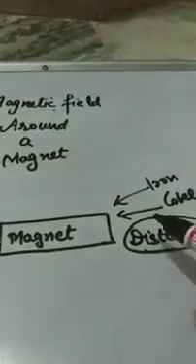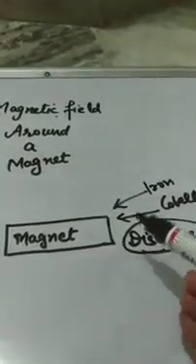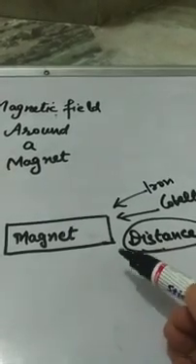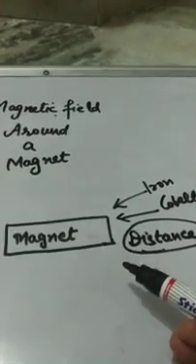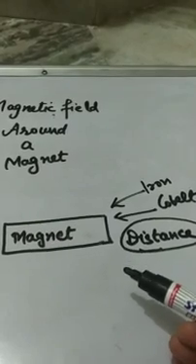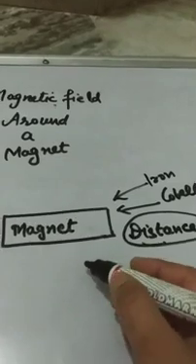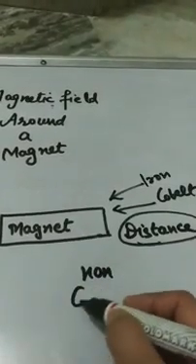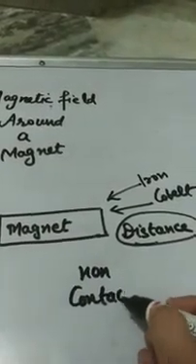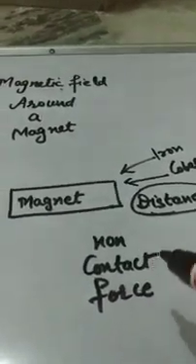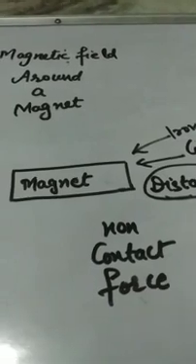That force which attracts magnetic material toward the magnet is magnetic force or magnetism, and we call such force a non-contact force.